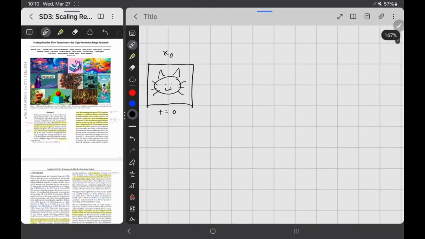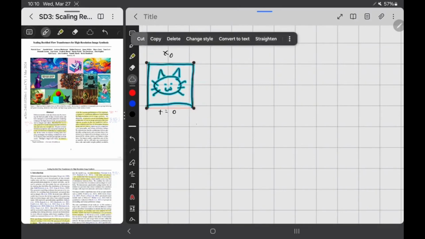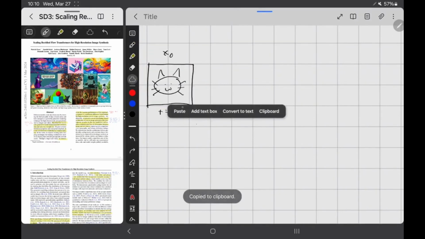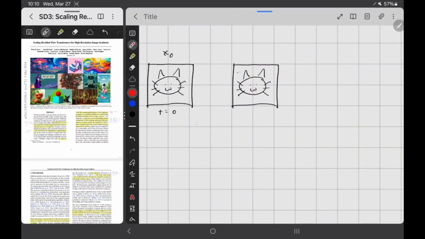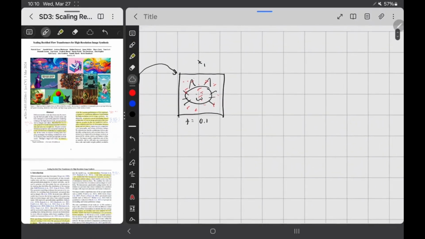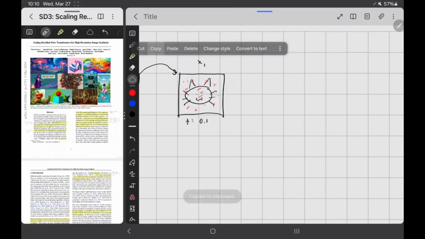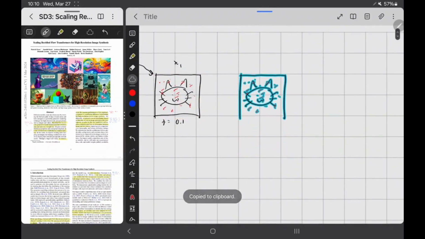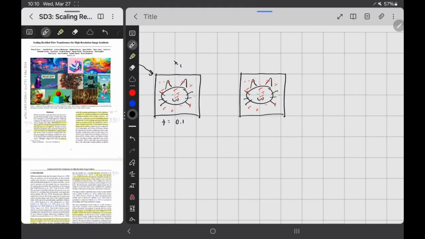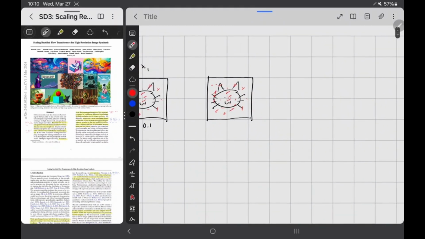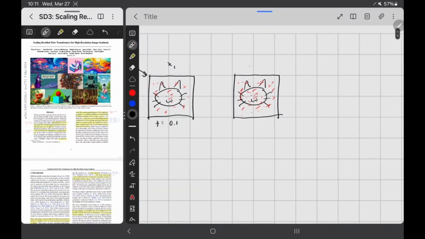What you do is you take your image and you add a little bit of noise to it, like so. This will be x1, at time step, say, 0.1 or something like that. Then we take this image again and paste it, and we add a little bit more noise, so it gets a little bit noisier.